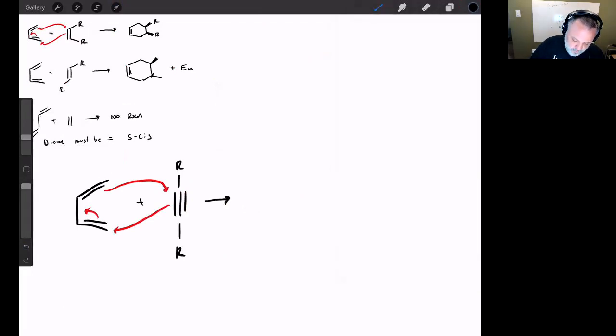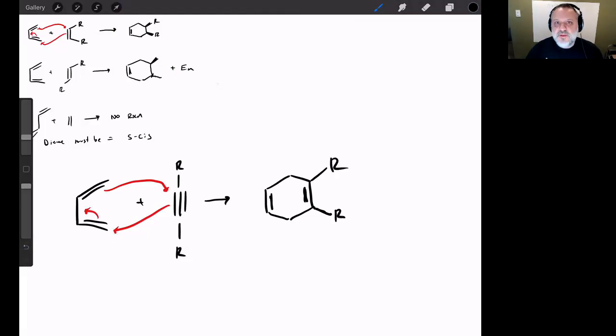I'm only breaking one of the pi bonds to make a sigma bond, so I'm still going to be left with 2 pi bonds at the end of the day. And now when it comes to this thing, you really don't have to worry about stereochemistry with these groups, because remember, you're forming an sp2 hybridized carbon. That's going to be planar, so you don't have to worry about whether or not it's up or down.